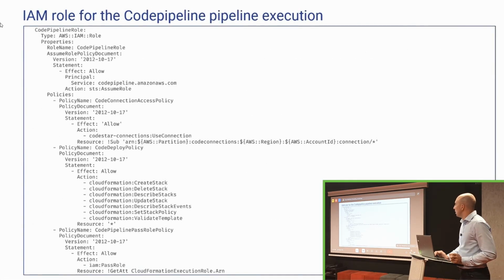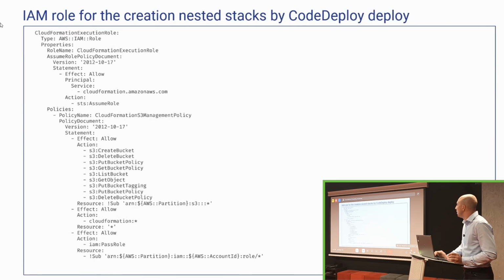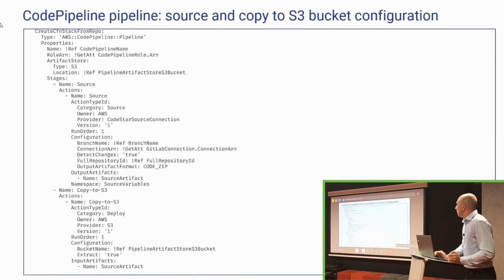Here is a simple example of an IAM role for connectivity to CloudFormation, for creating all necessary resources, in this case the S3 bucket and only the S3 bucket policy. And here is part of the pipeline configuration. The first stage is source.